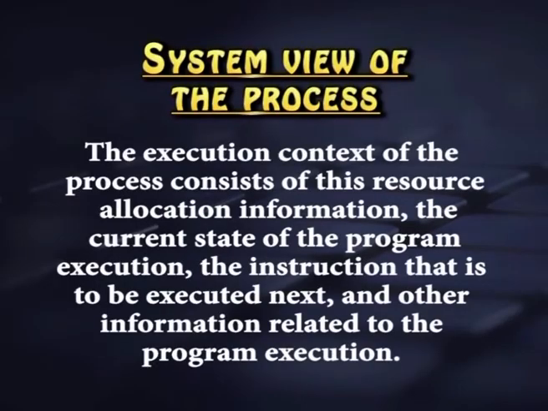The execution context of the process consists of this resource allocation information, the current state of the program execution, the instruction that is to be executed next and other information related to the program execution. In short, the operating system uses a process as a handle to manage one program execution.